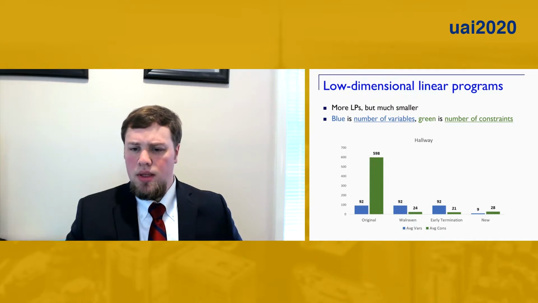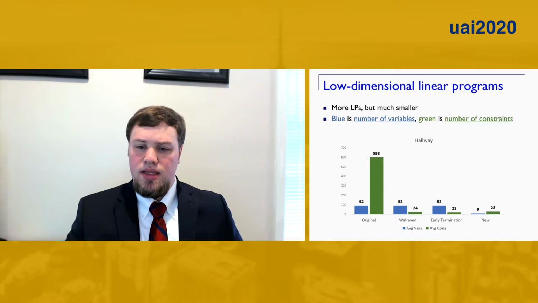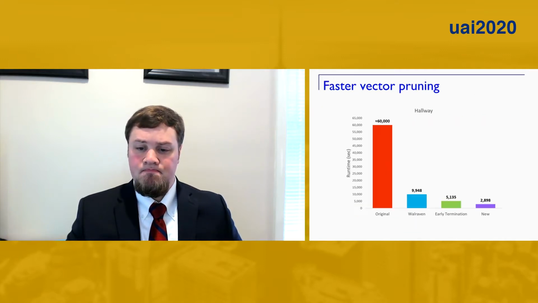Our algorithm yields a similarly small reduction in the number of constraints, but it also reduces the number of variables to a small fraction of the original amount. Of all these algorithms, our new algorithm winds up solving more linear programs than the others, but each linear program solved is so small in comparison that we still see significant speedup, as we'll see in the next slide.